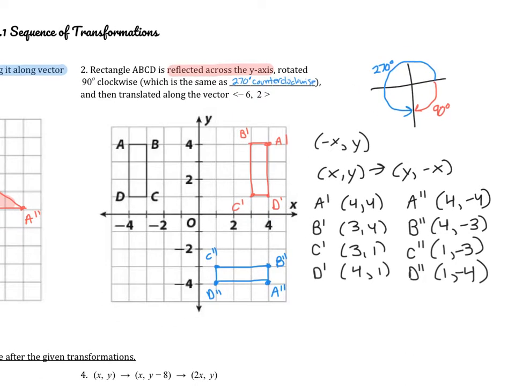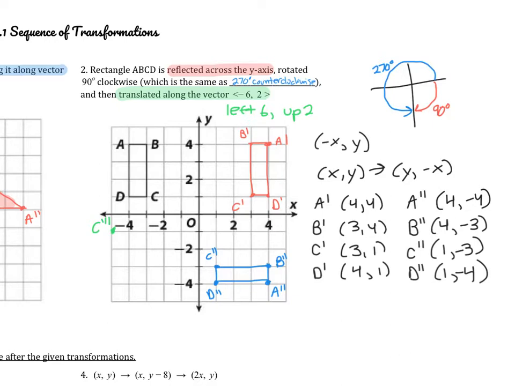Then we have one more transformation to do: we're going to translate along the vector <-6, 2>. Remember, this is just telling us to go left 6, up 2 for each one. I'll start with C double prime. If I go left 6 and up 2, I'm over here, and I'll call that C triple prime.